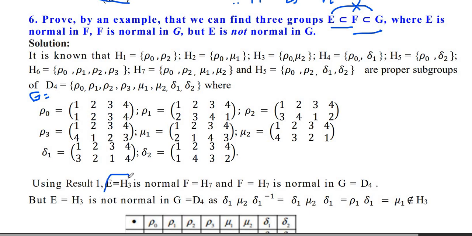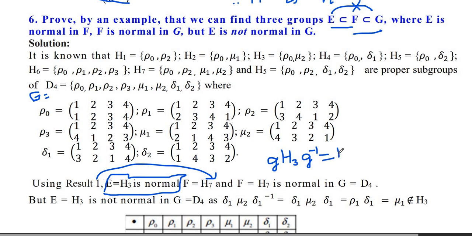E, which is taken as H3, is normal not due to result 1, but this one is due to result 1. This we'll have to compute. Either you show that G H3 G inverse equals the whole of H3 using the table, or element wise we'll have to consider, and it should be there in H3.